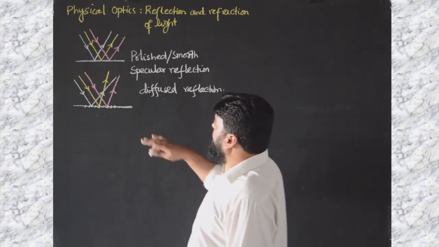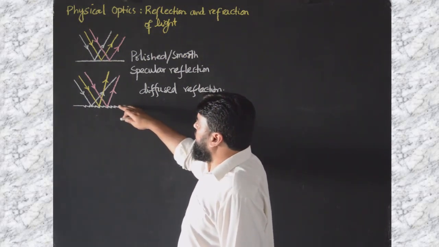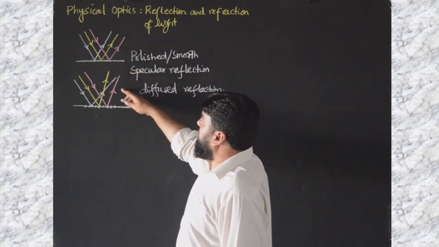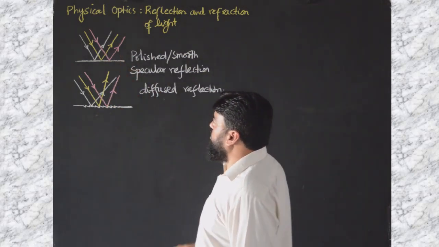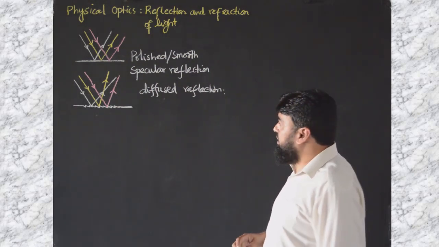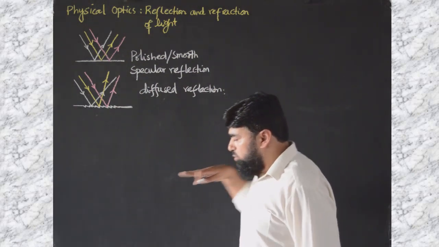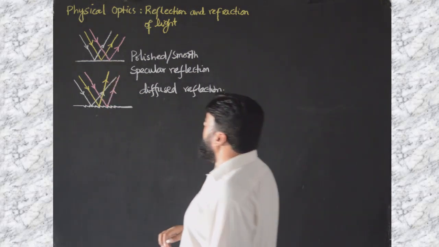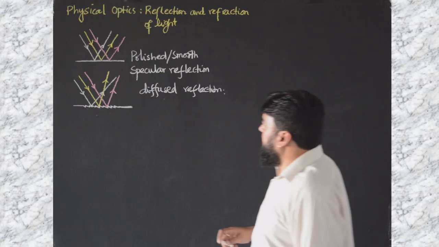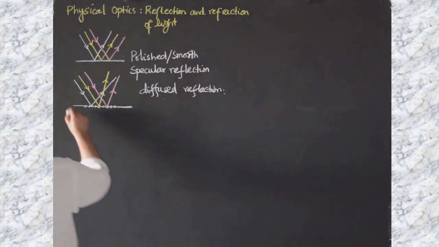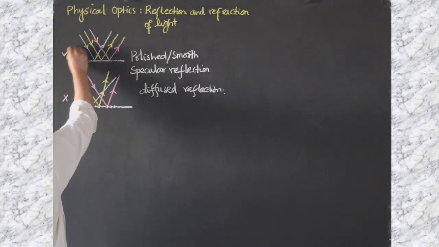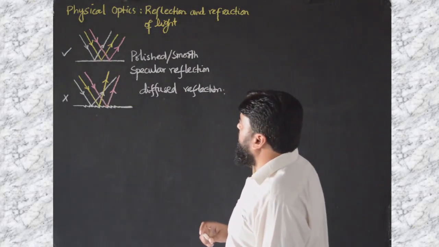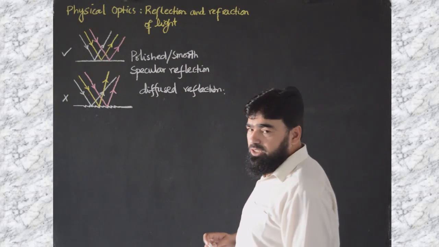If water is very still, we may have specular reflection, but normally water is not very still, due to the air flowing on its surface, so we have diffused reflectance. We will not consider diffused reflectance, but only specular reflection, for which we will develop some mathematics as well.